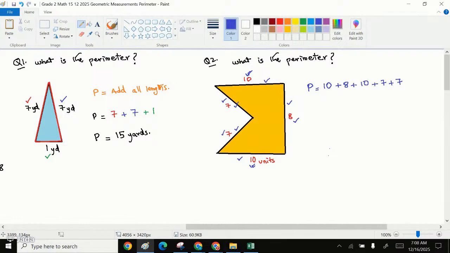Once we are adding the numbers together, let's see how we can add them. Can we add 10 plus 10? Can we say this is written as 20, right? And what are we left with? We are left with 8. 20 plus 8.